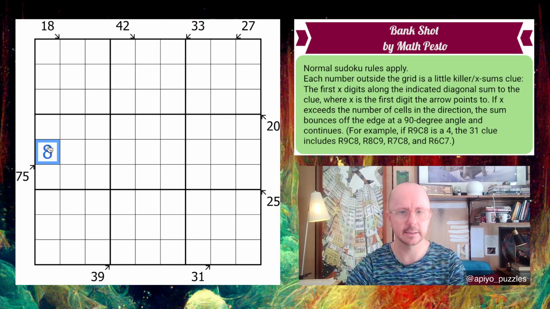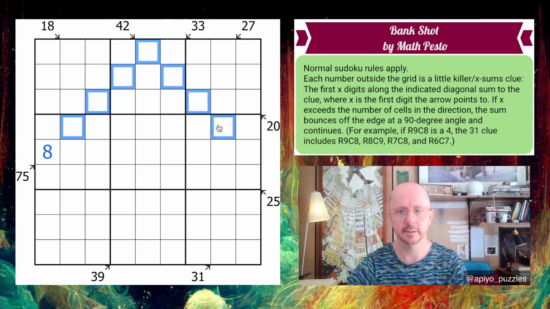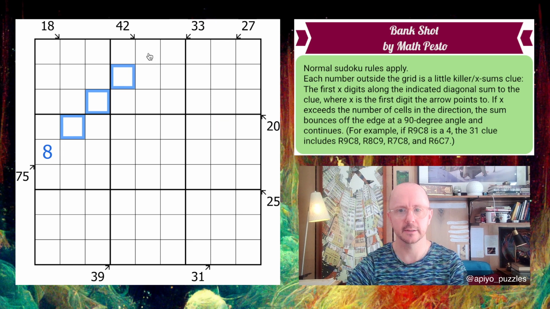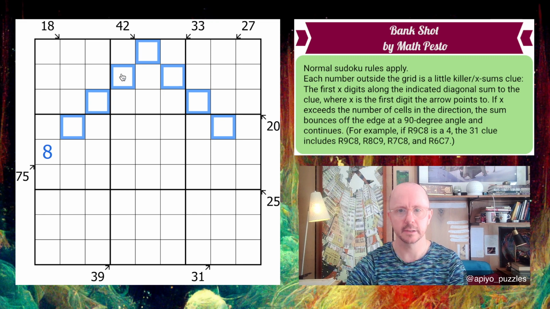If this was an 8, we'd be saying we're going to take those 8 cells, but these 7 would have to be, so this one's 8, and so that takes us down to 67. These 7 cells would have to sum to 67, and there's not going to be any way you could do that, because you could put a maximum of 987 in there for 24.